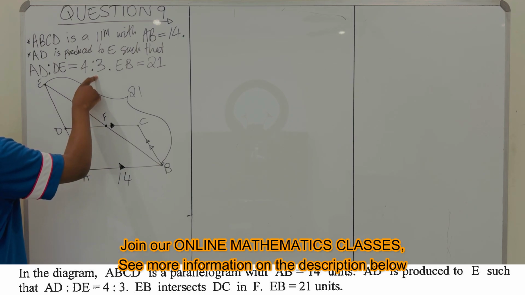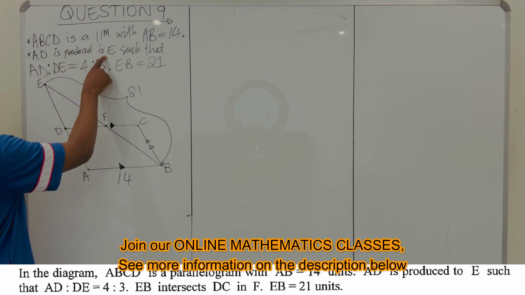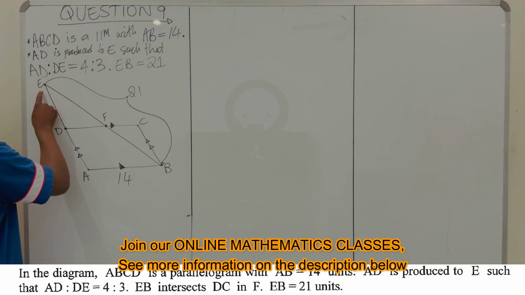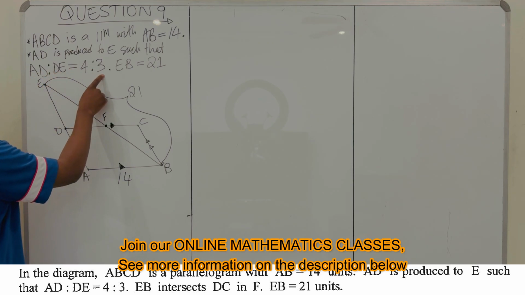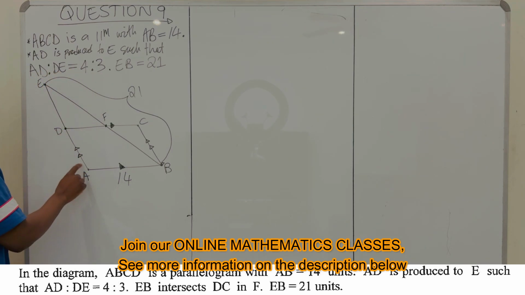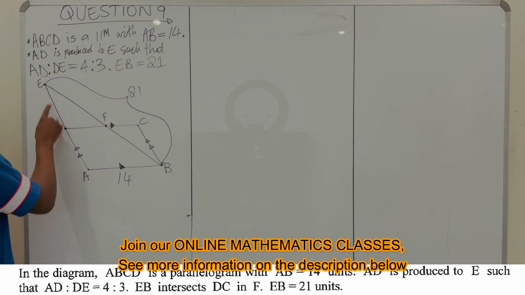They're saying AD is extended to E, so that the ratio of AD to DE is equal to 4:3, which means the ratio of this side to this side is 4:3. What does this mean?